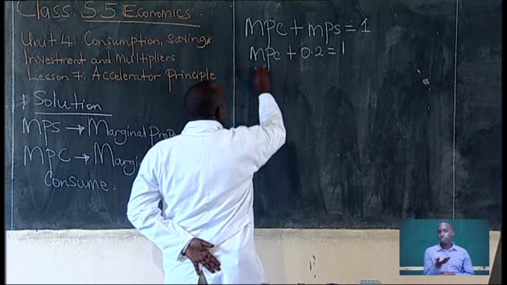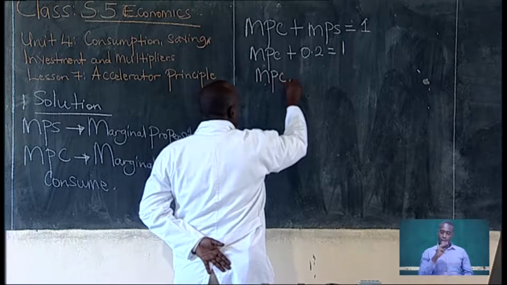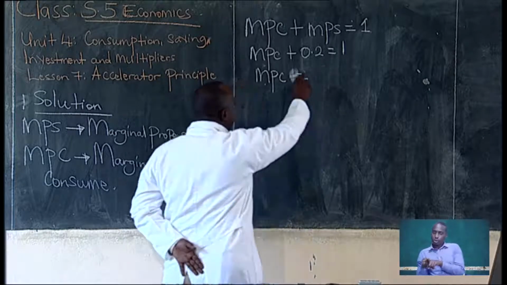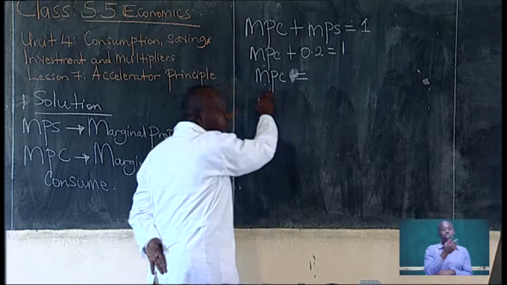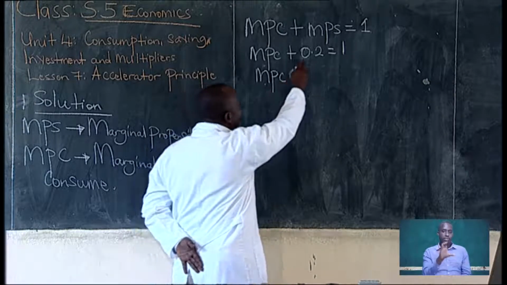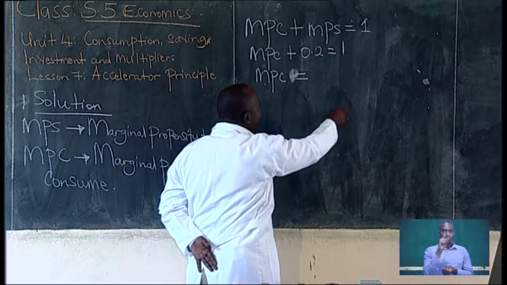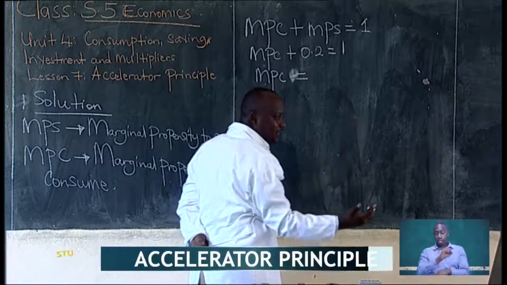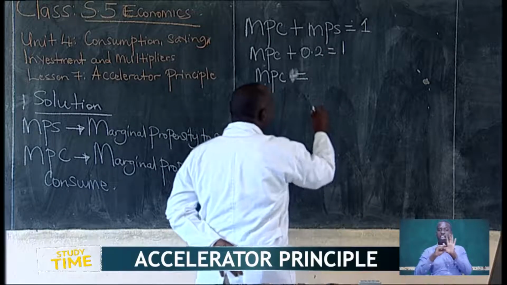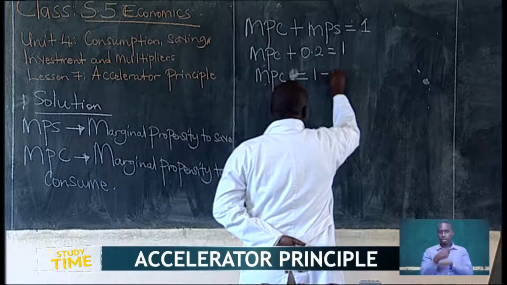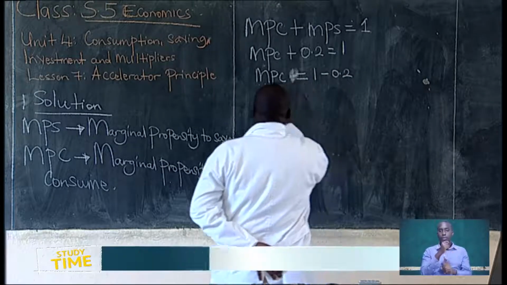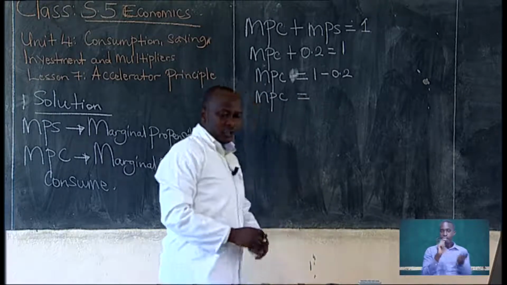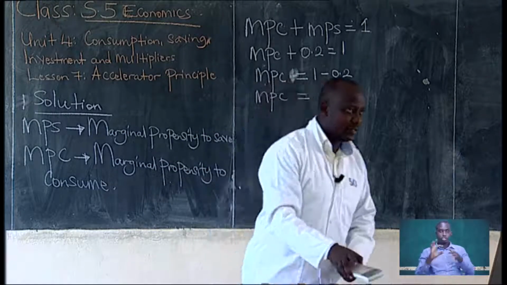Now, because we want to remain with marginal propensity to consume, we shall take 0.2 to the right side. And if 0.2 crosses, the sign will change, it will be negative. Now, if you get 1 minus 0.2, our marginal propensity to consume will be, learners join me, hope you have your calculators.